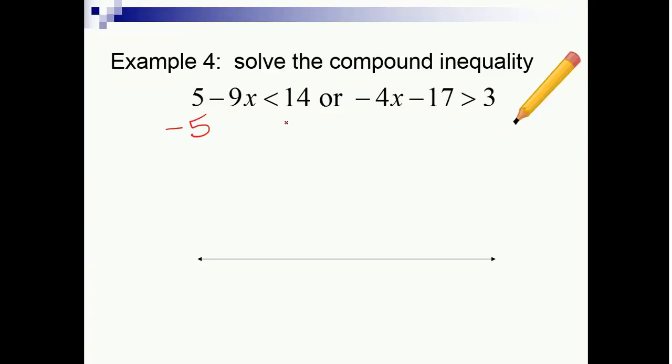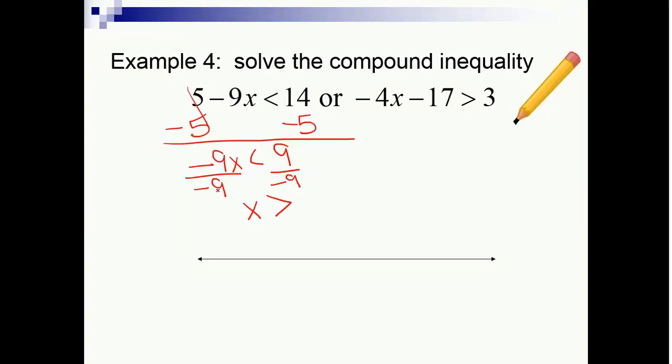So I'm going to solve this left-hand side one first. So I'm going to subtract 5, get 9 on that side, divide by negative 9, and I'm going to get x is greater than, notice, divided by that negative. Warning light should have been going off in the back of your head. 9 divided by negative 9 is negative 1. So I've solved one of my problems. Let's try this one.